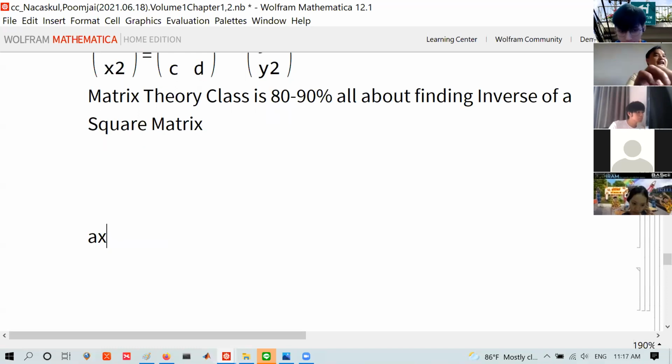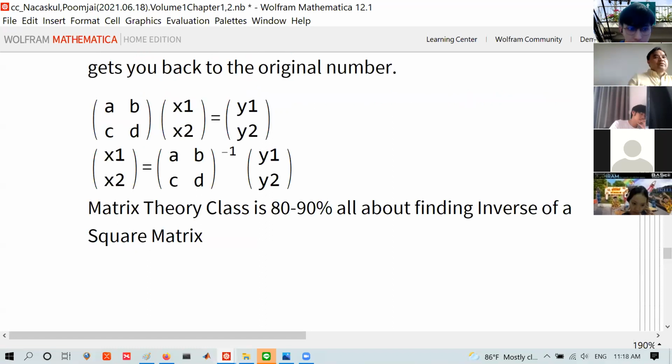Okay, and that could look something like this. Something like ax1 plus bx2 is equal to h.